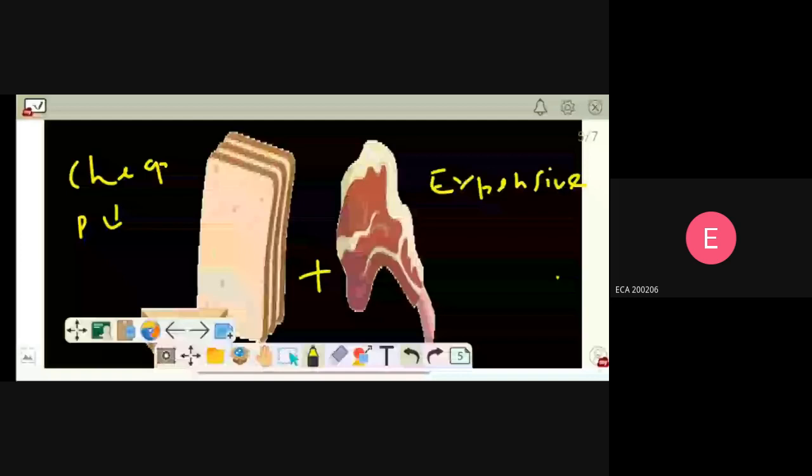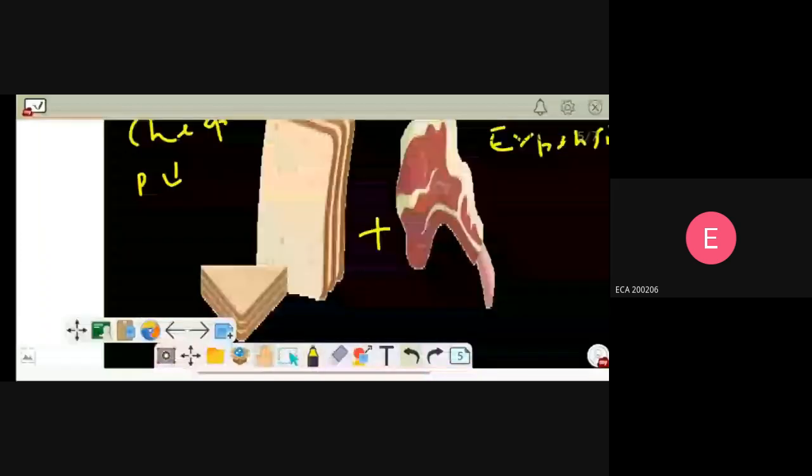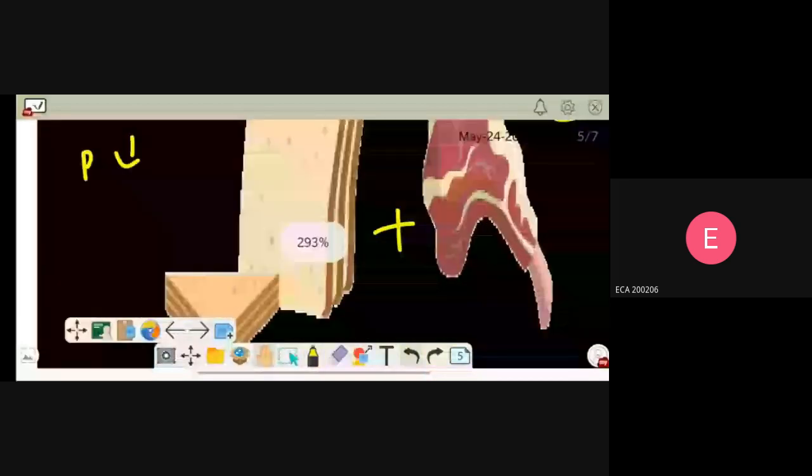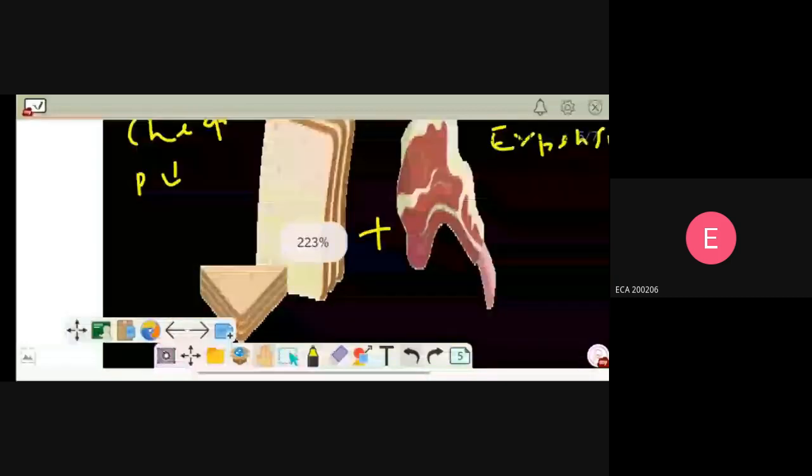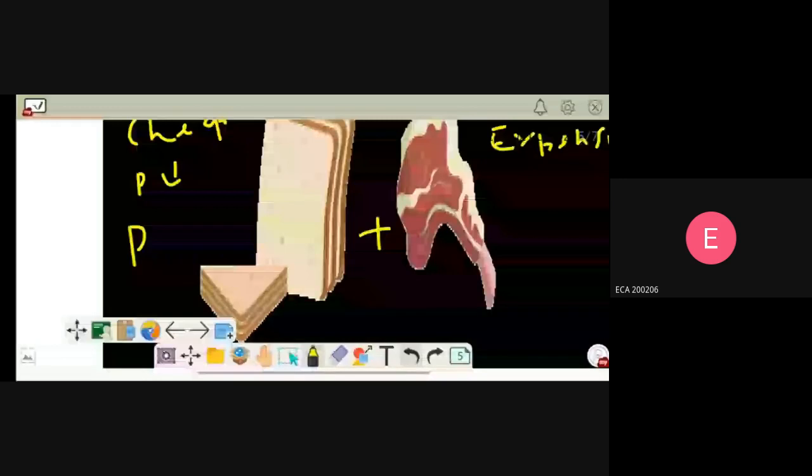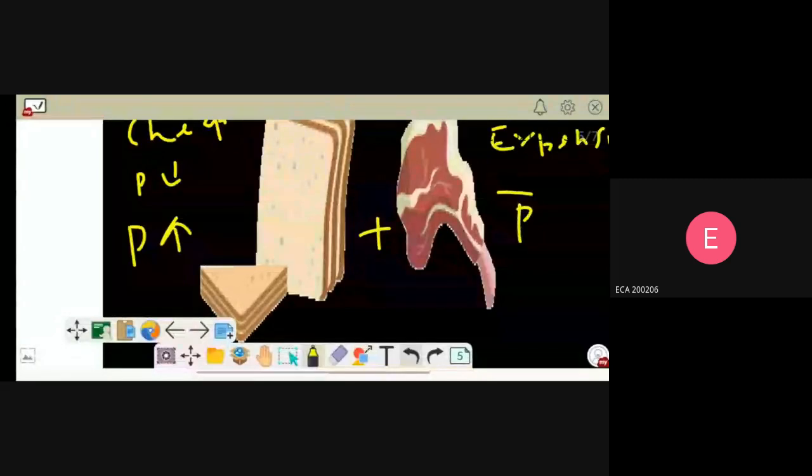That's what you should be reminded of. Now what happens when the price of bread increases? The price of meat remains the same, constant, but compared to bread, the price of meat is higher.